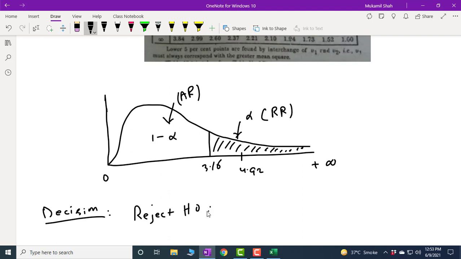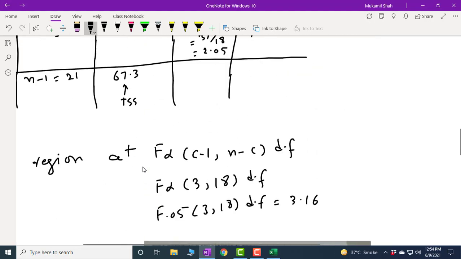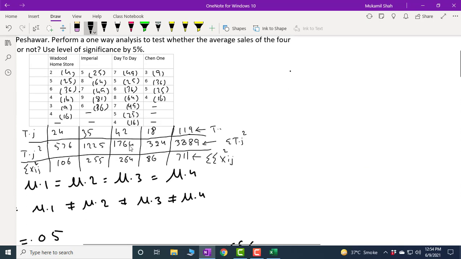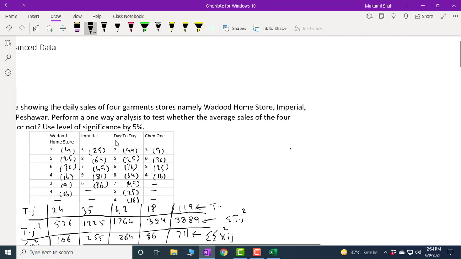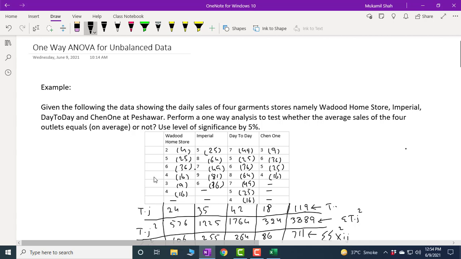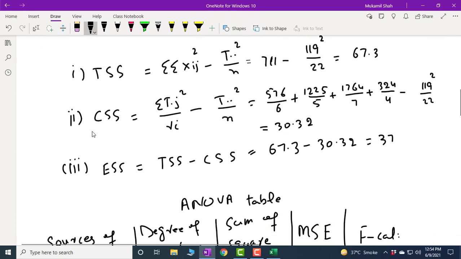So this is how to carry out one-way analysis of variance for unbalanced data. By unbalanced data we mean when there are missing values in the data set. The ANOVA procedure for one-way analysis is just similar to that of balanced data except one step, that is the column sum of square.